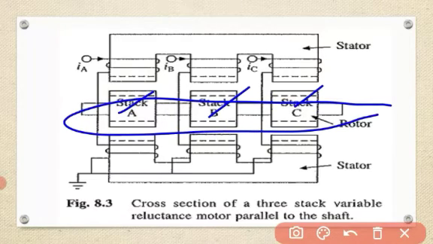This is a stator. The stators and rotors have the same number of poles or teeth and therefore the same pole or tooth pitch. I will explain the pole pitch later.